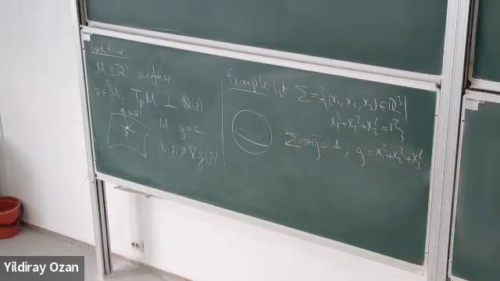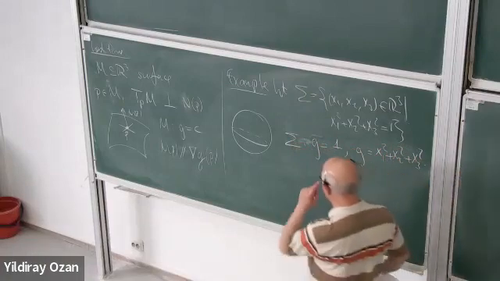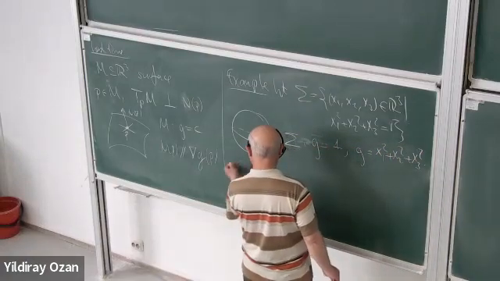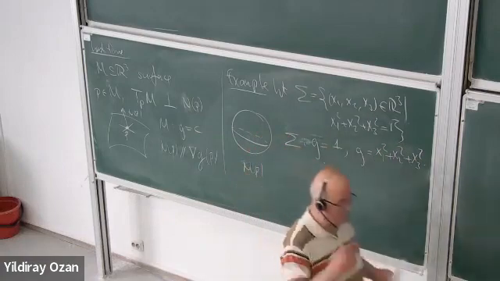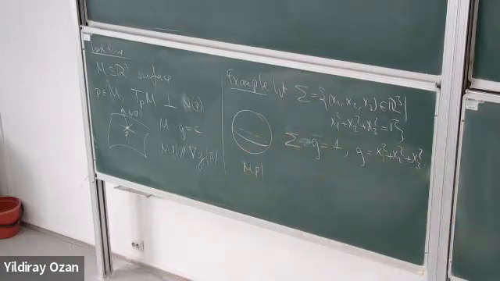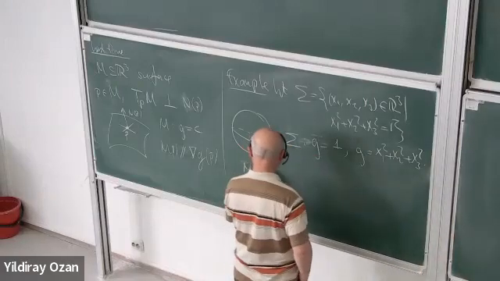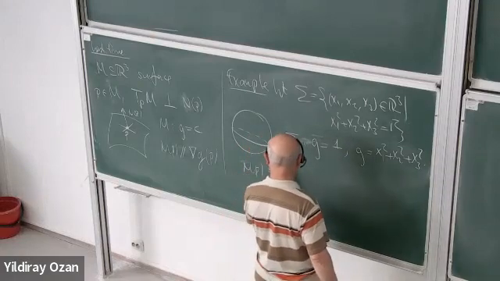Right? So at any point P, the normal vector can be chosen as the gradient of G.